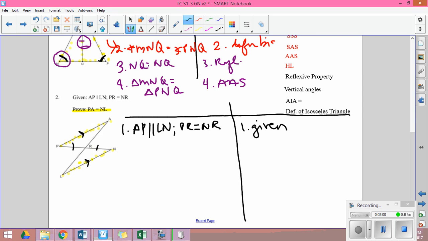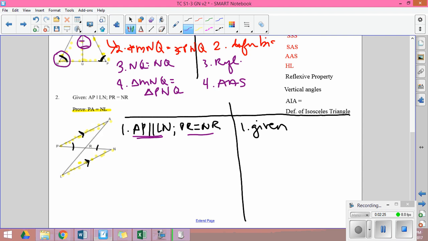So now I'm back to what do I do next? And this is usually the part that kids think is the hardest. How do I move from the given to my first step? So you ask yourself, what does my given give me? This was just a straight piece of information that I used. This piece of given, if you know lines are parallel, you get certain angle relationships.